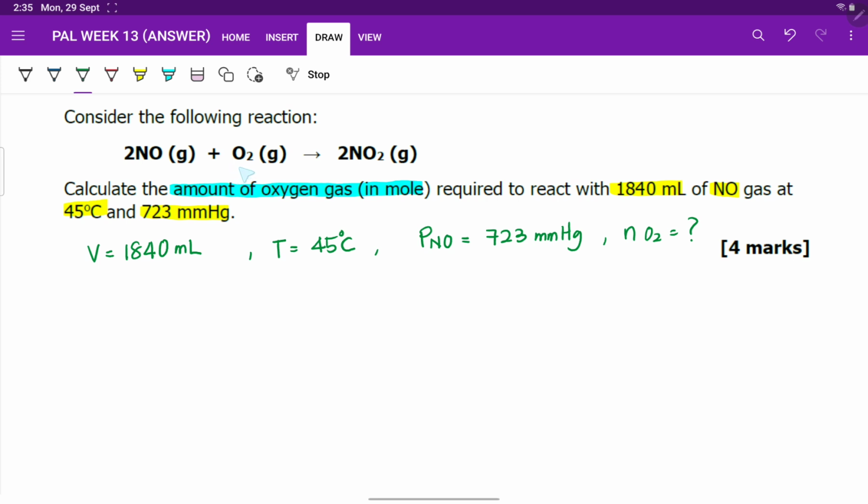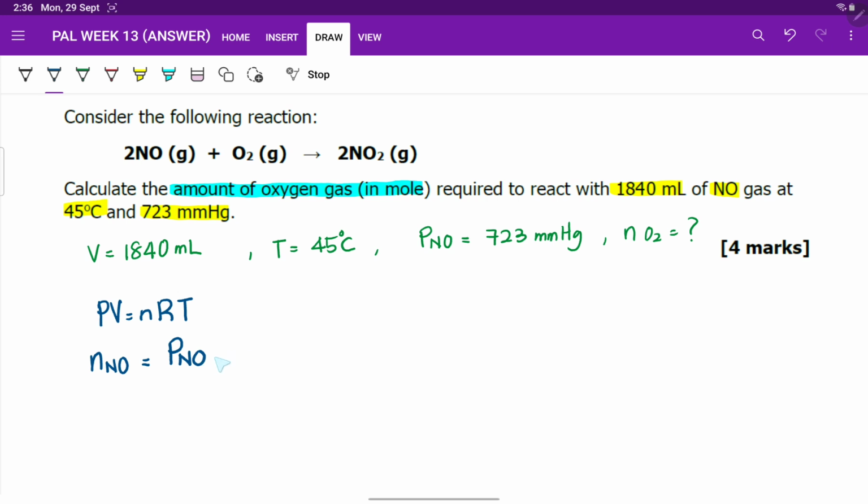But before we do the stoichiometry, we need to find first the number of mole of the NO gas. How are we going to find it? We can use our ideal gas equation. This is the general ideal gas equation, PV equals nRT. We want to find the number of mole of NO gas, so we rearrange the equation. Since the number of mole is for NO gas, the partial pressure must be specific to the NO gas.